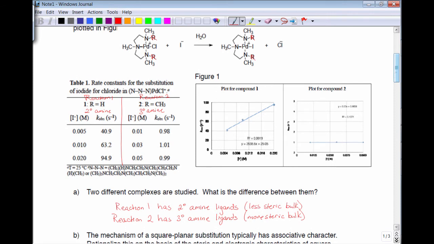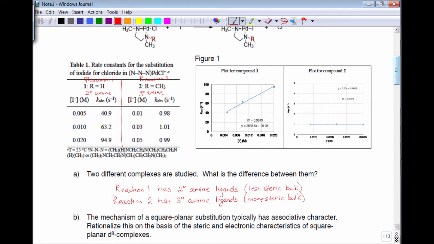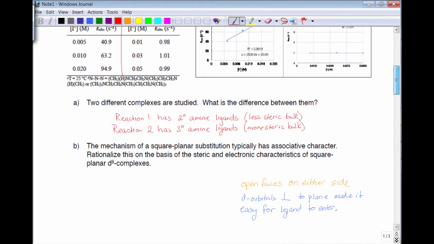Part B here is asking you to remember why the mechanism of a square planar substitution is typically associative. So you can basically just use what you know to rationalize this on the basis of sterics and electronics of the square planar d8 complexes. So that's two things.